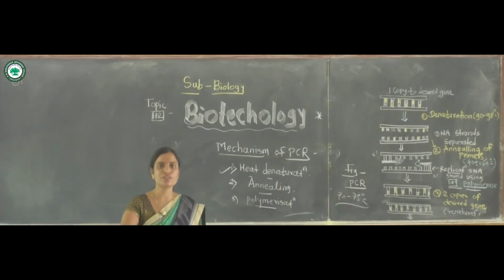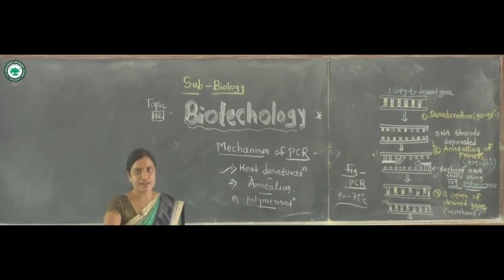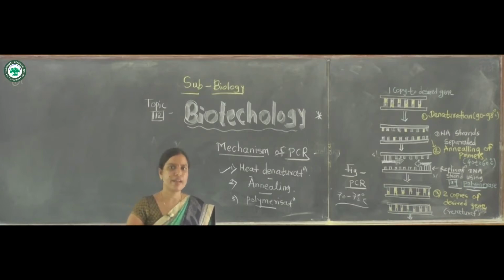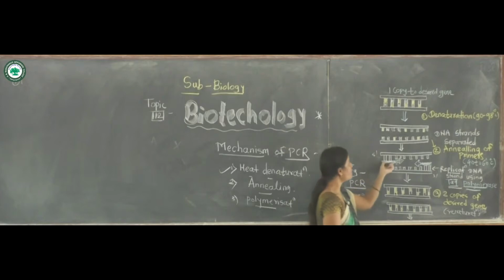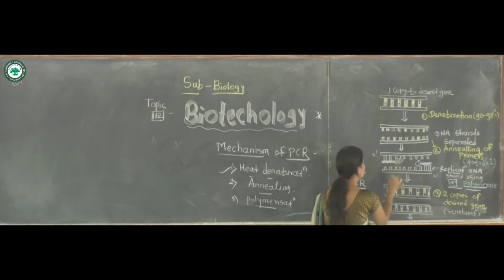It uses the single stranded DNA as a template strand, and addition of the nucleotides takes place. These two primers are formed, and after the primers, the addition of nucleotides takes place in these two strands.